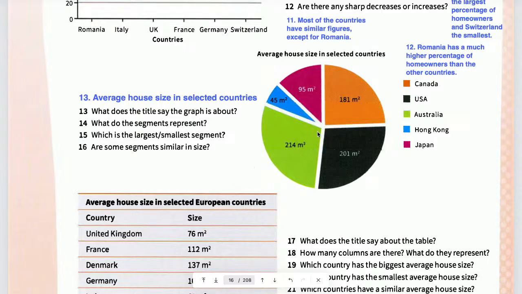We call each one of them a segment, right? So what do the segments represent? Tell me. It represents the average house size of each country.